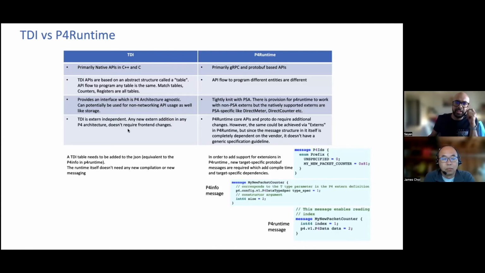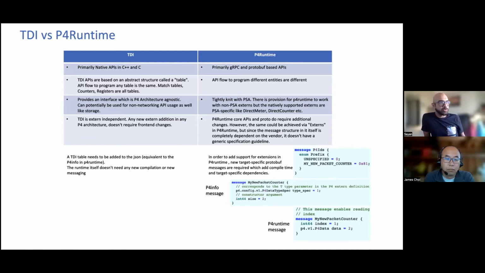TDI is extern independent. So if any new extern is added to any P4 architecture, it doesn't require any front-end changes. It will require making enhancements to the P4 compiler so that the new TDI table in the JSON itself would be exposed.